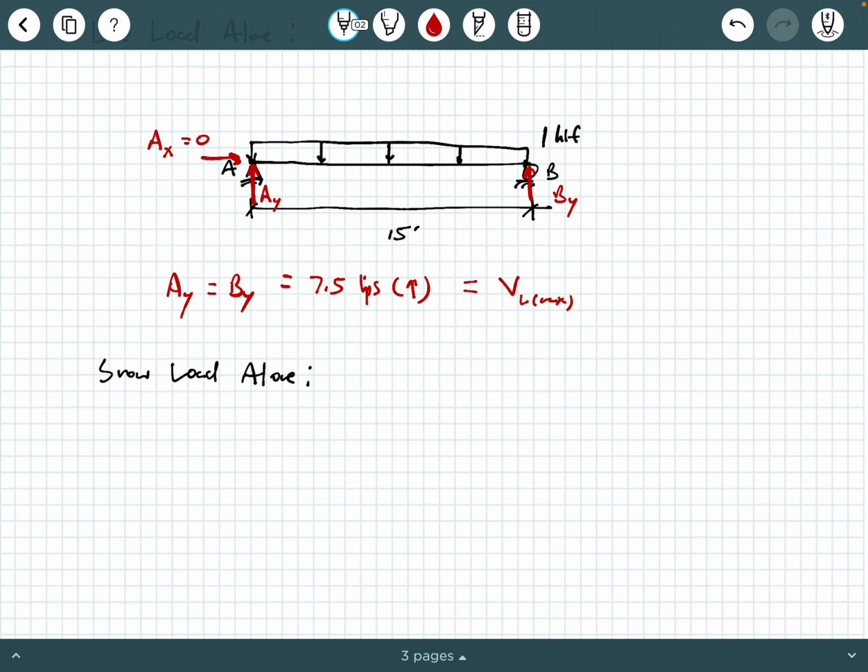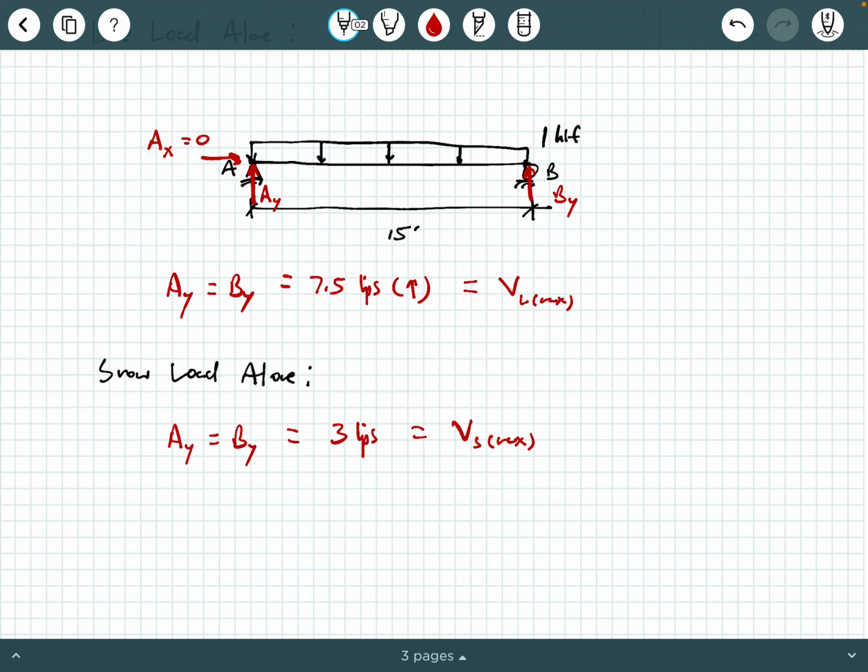We'll say A_y equals B_y equals 0.4 times 15 divided by 2, and that will give us 3 kips, which happens to be V snow max. And again, if you're not confident in this, just sketch out the free body diagram and solve for these external reactions like I showed with the dead load alone, and you'll get to these conclusions.